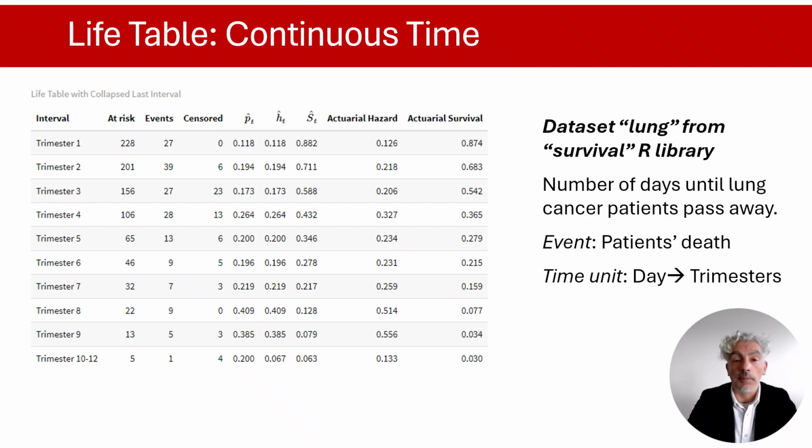However, in order to summarize the data, we might use a different time interval. In this example, I could have used months and reported the hazard and survival function of patients every month. But here I use trimesters, so periods of 3 months.